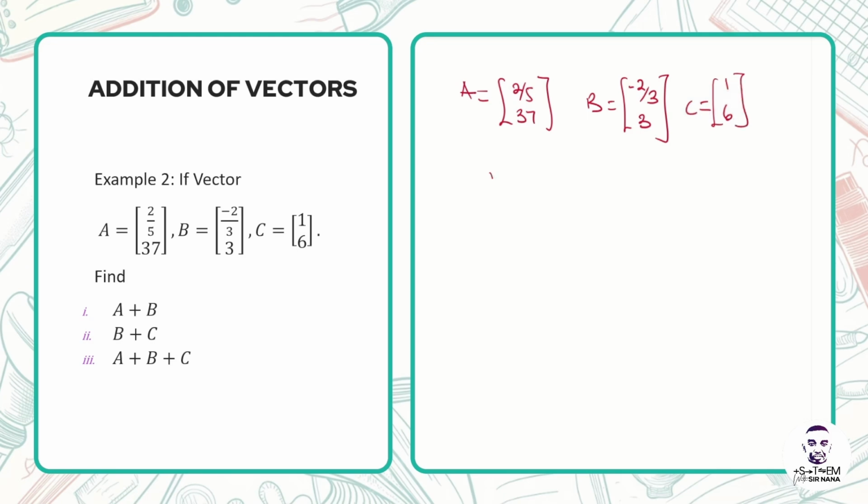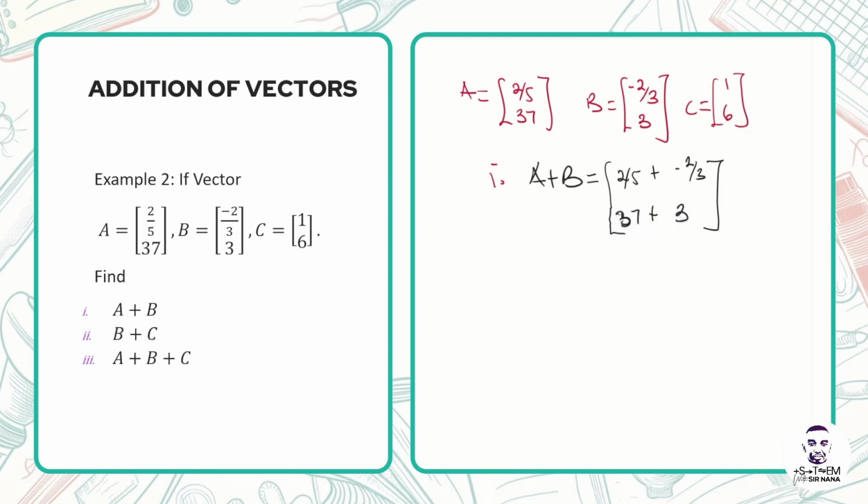For part one, we have to find A plus B. Based on vector addition, we just pick the coordinates for A, which is 2/5, and add it to the coordinate for B, which is -2/3. Then we pick the y coordinate for A, which is 37, and that of B, which is 3.